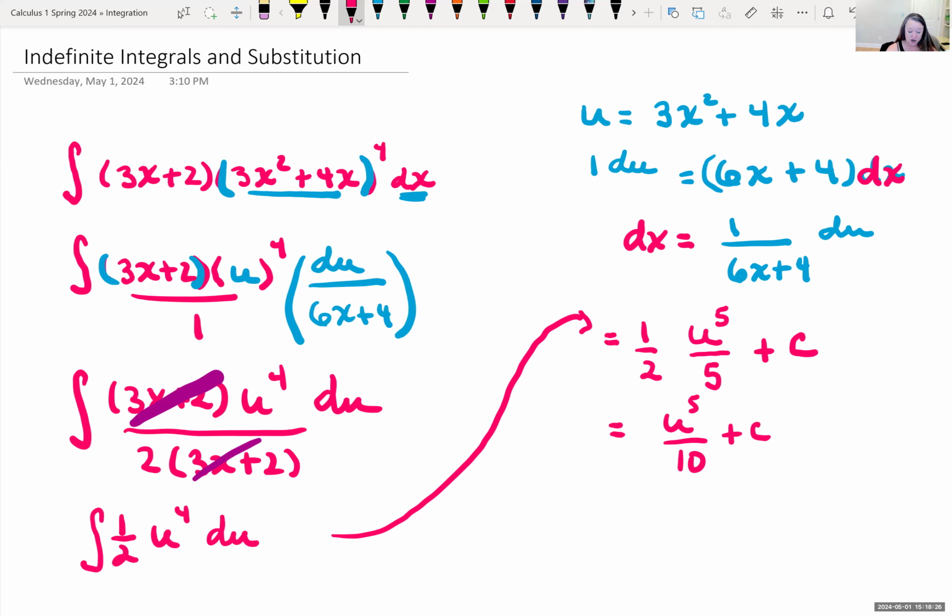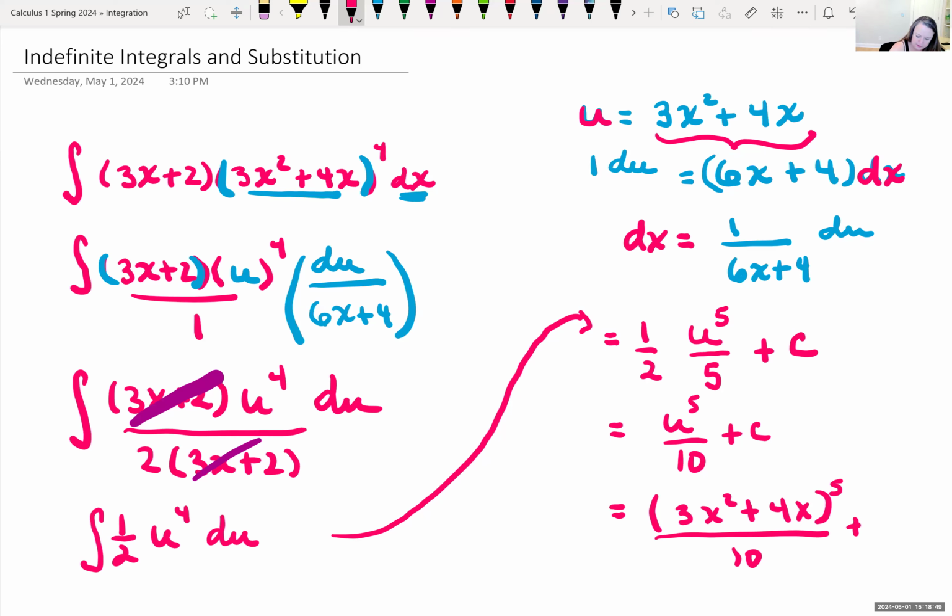But my function is in terms of x, and I want x. So let's go back. We know what u is: u is 3x squared plus 4x. So here we have 3x squared plus 4x raised to the 5th power, all divided by 10 plus c.